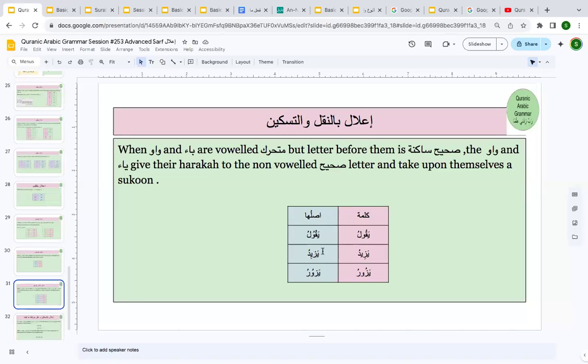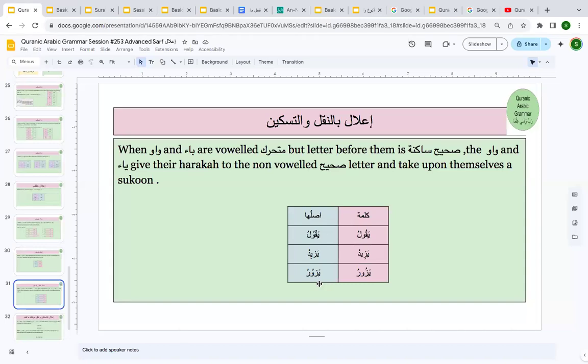Yazyidu is read as yazidu, and yazuru comes from yazvuru, right? Because in all these cases, your waw was voweled, it was mutaharrik, it had a haraka, but the letter before them was a sahih letter that was sakin. So waw and ya became very generous.